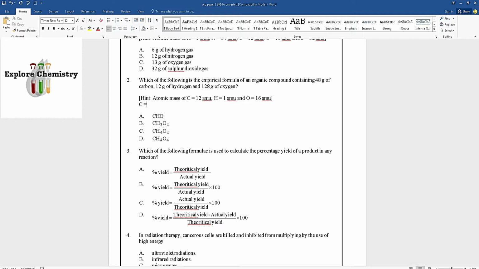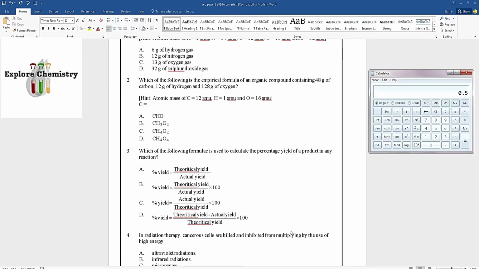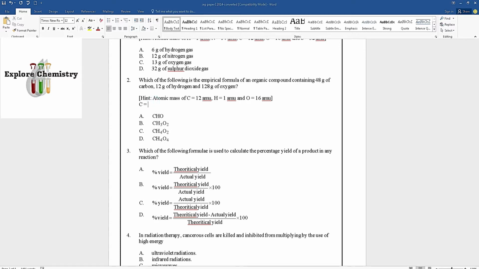Carbon mass is 48 gram. 48 divided by the molar mass of carbon, that is 12, you will get answer 4. So carbon moles are 4. Let's calculate hydrogen moles. Hydrogen mass is 12 gram and molar mass of hydrogen is 1. So you will get 12 moles of hydrogen.